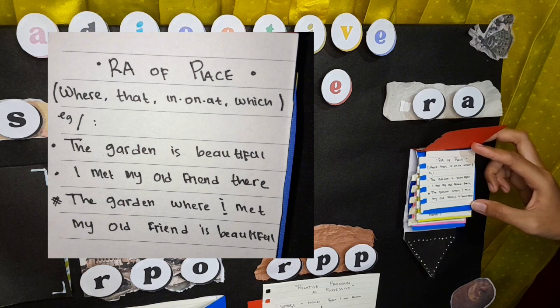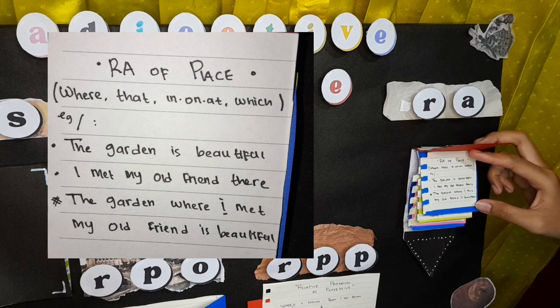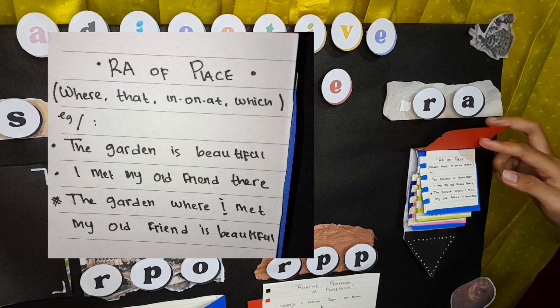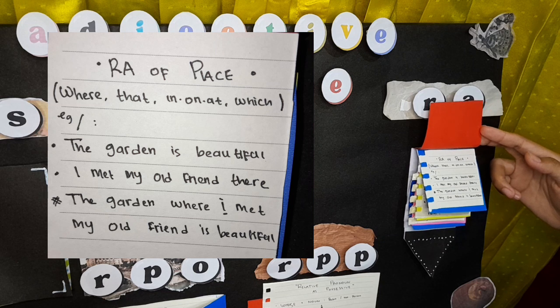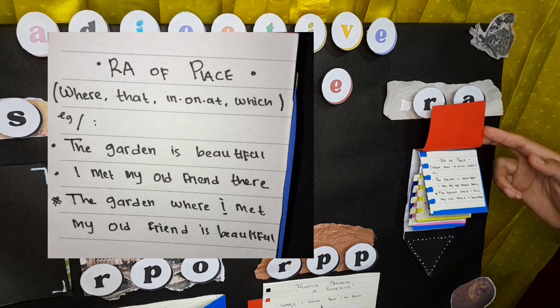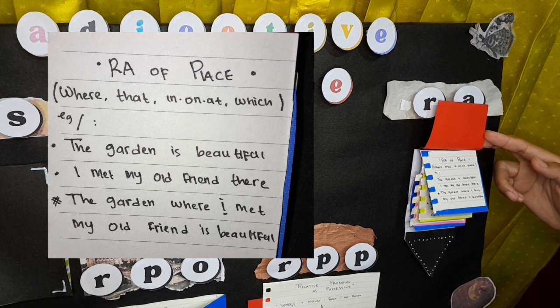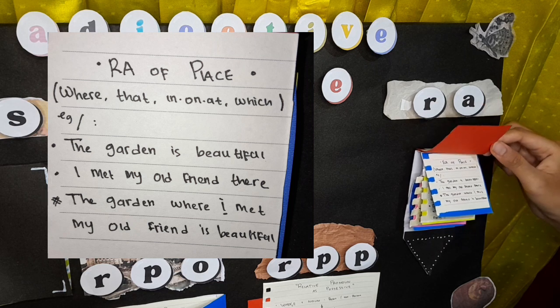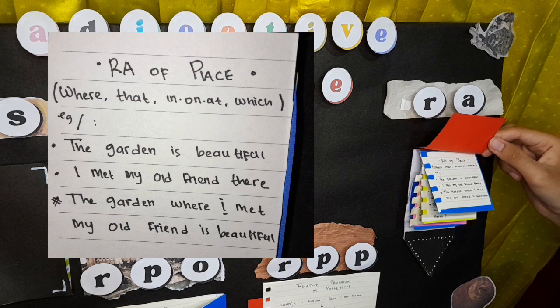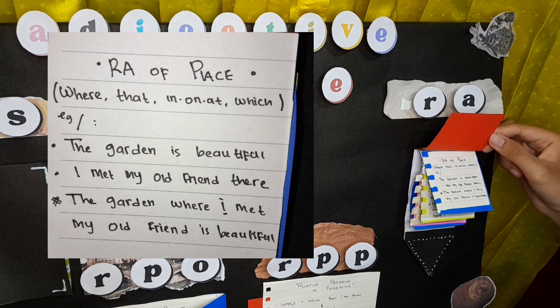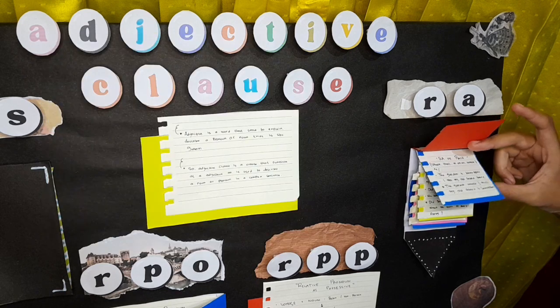The first sentence is, the garden is beautiful. The second sentence is, I met my old friend there. Now, to combine these two sentences, we must know which ones are the same. And the same is the garden and there. Then, the sentence is the garden where I met my old friend is beautiful.